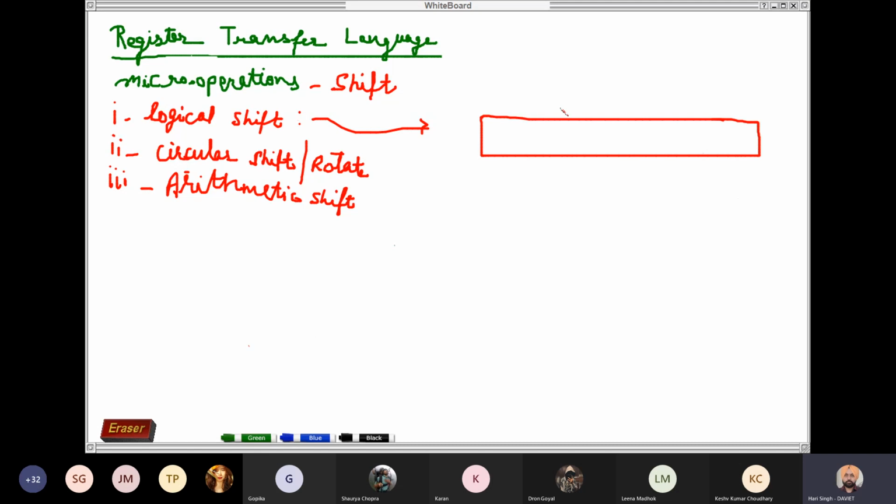We consider an 8-bit register, and say the data available in this register is 10011101. Now if we apply logical shift left, the bits of this register will be shifted.